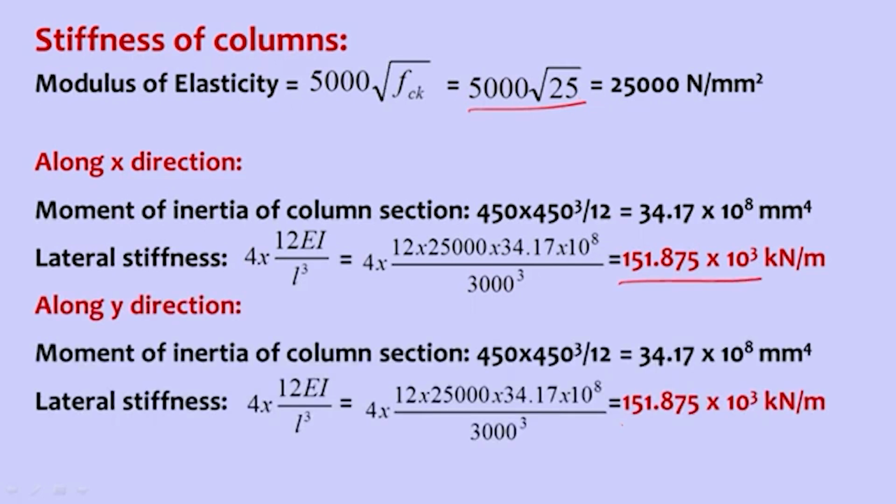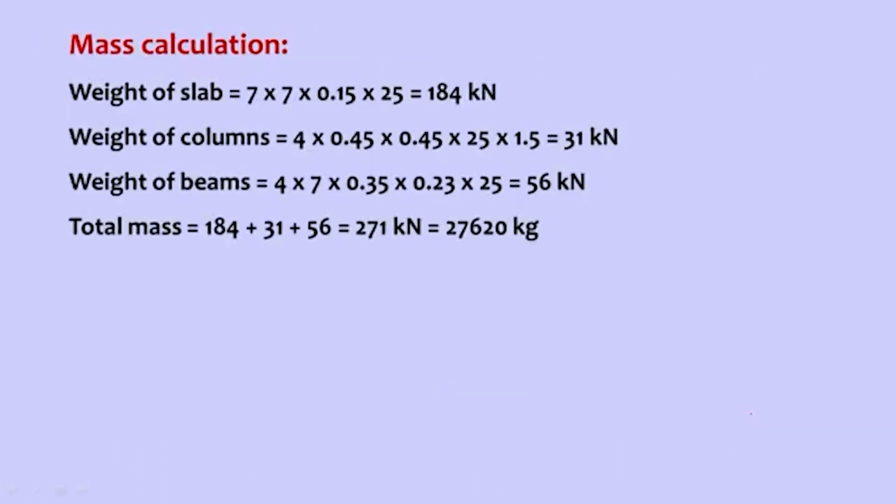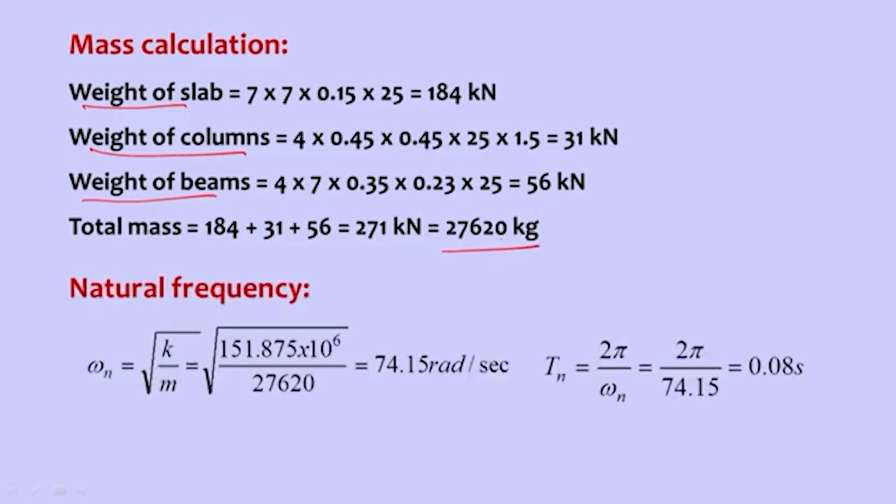Because it is symmetric in both directions, the moment of inertia is the same in both directions. Then we calculate the mass: the weight of the slab, weight of columns, weight of beams and total mass, 27,620 kg. The natural frequency of the primary system is 74.15 radians per second, so the time period is 0.08 seconds.